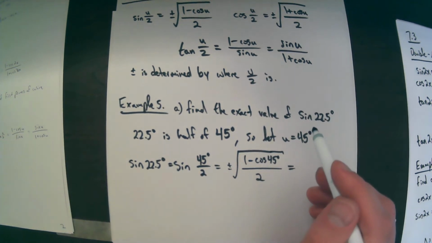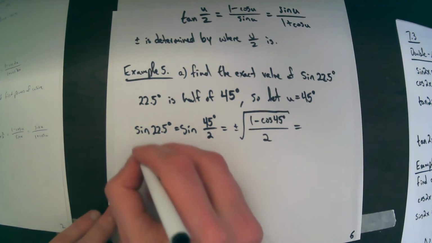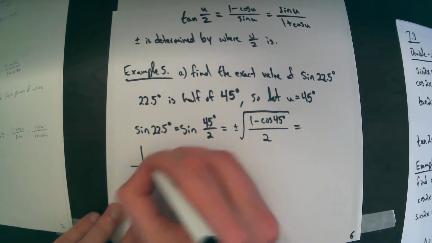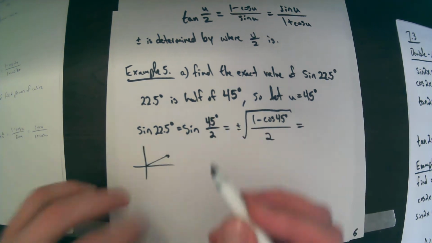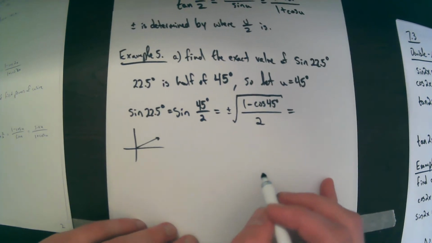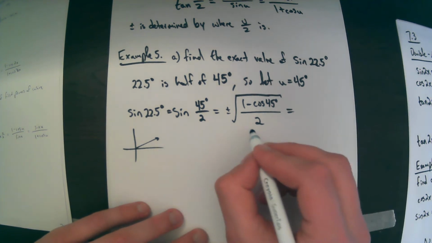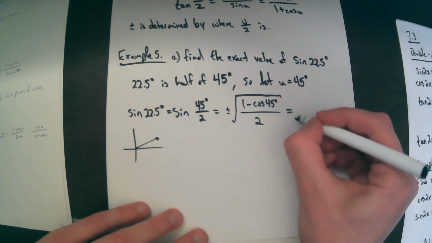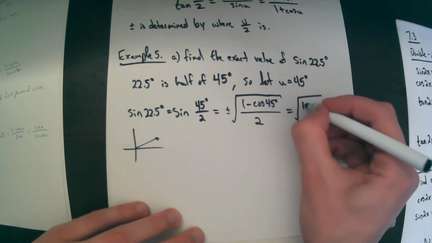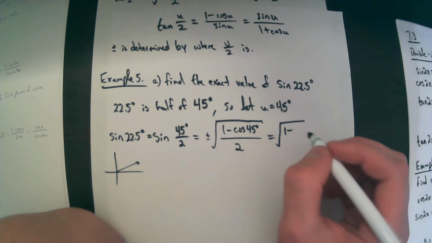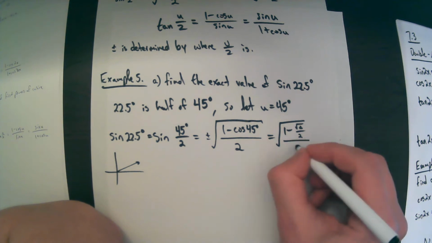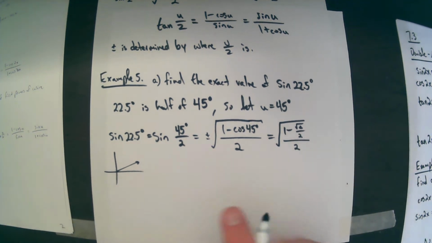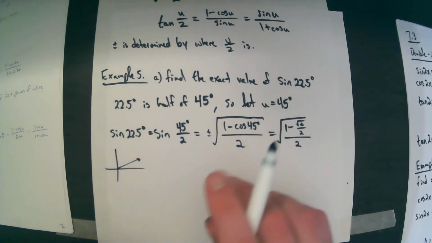Well, that's in the first quadrant. Sine is definitely positive there, right? Everything's positive in the first quadrant. So I can drop the plus or minus and just say square root. And then I'm going to have 1 minus. Now cosine of 45 degrees is square root of 2 over 2, and then all over 2. So this whole thing is under a square root.